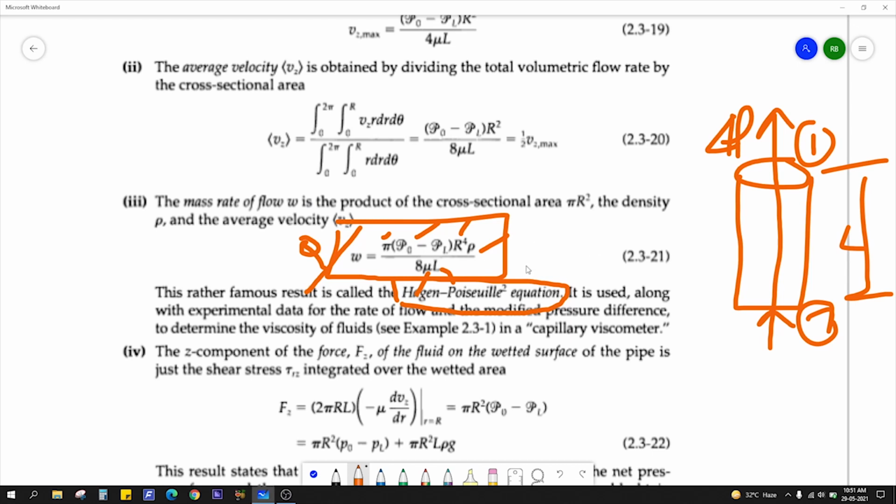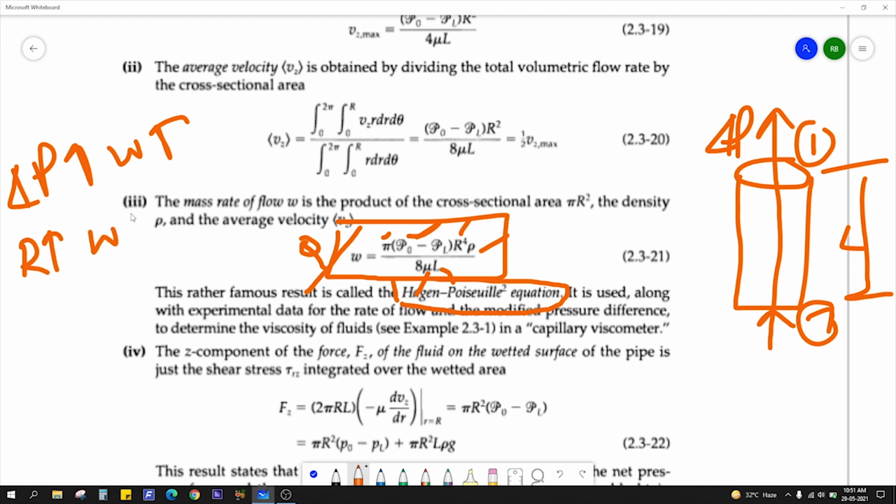Now what will happen if I increase the pressure? You can see the mass flow rate is directly proportional to delta P. So if you increase the pressure, the mass flow rate will also increase. If you decrease the pressure, the mass flow rate will decrease. What will happen if you increase the radius of the pipe?